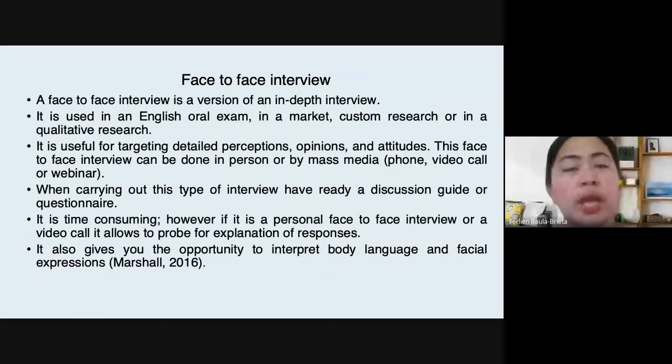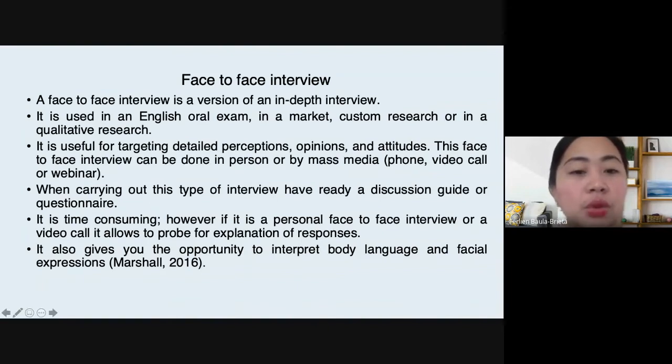So take note that face-to-face interview is time consuming. See to it that you have the whole day or plenty of time to spare in order to conduct a personal or live video face-to-face interview, or that your resources allow it, like having unlimited calls with your Google Meet or your Zoom.